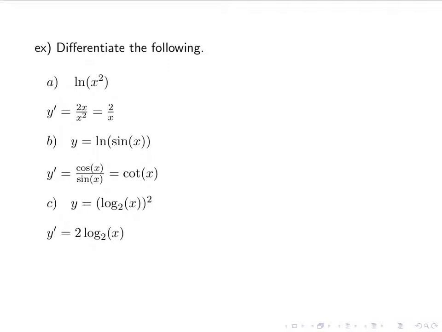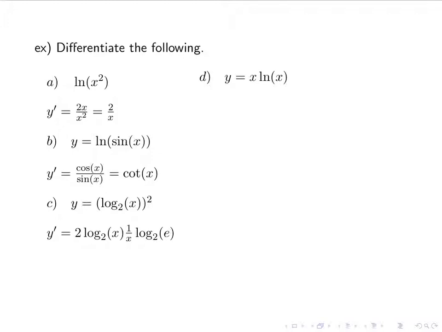And then I differentiate that function. So the derivative of log base 2 of x starts with 1 over x, and then we multiply it by log base 2 of e. So again, since this isn't e already, we have to multiply it by log base whatever it is of e. So we have 2 log base 2 of x times 1 over x times log base 2 of e.